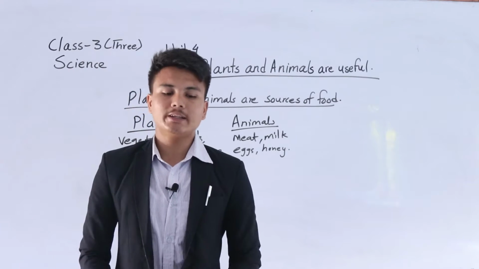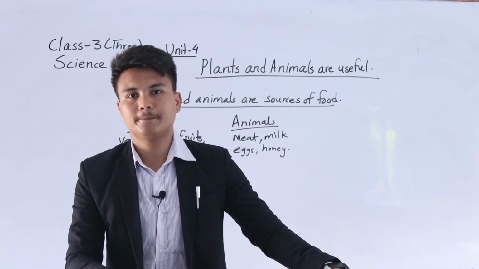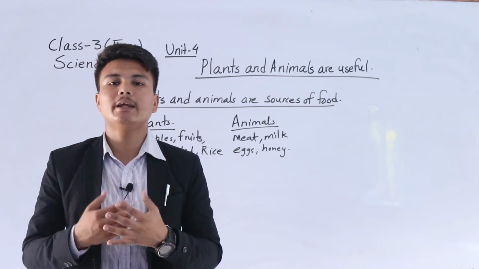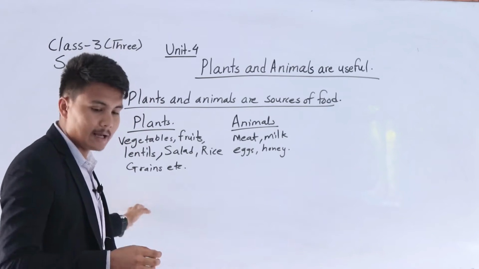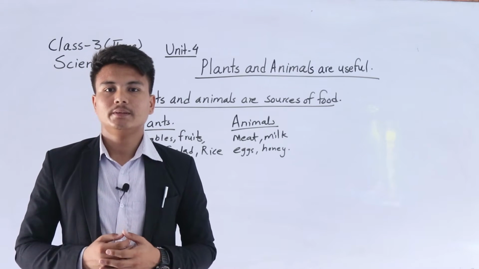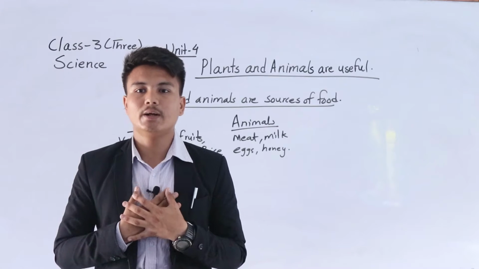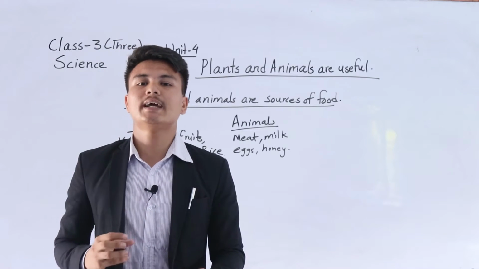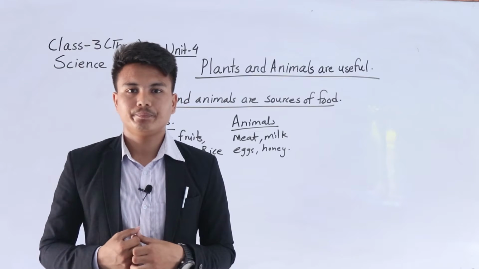Plants do not give food only for us. Plants are very important for us as well, because plants give us oxygen gas. We need oxygen daily. Without oxygen gas we could not survive.